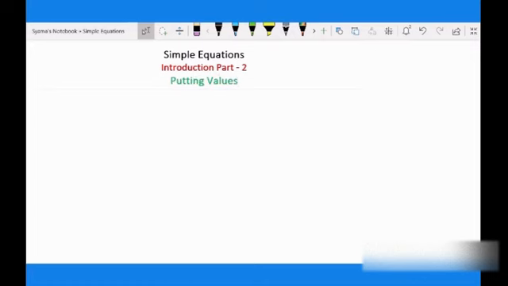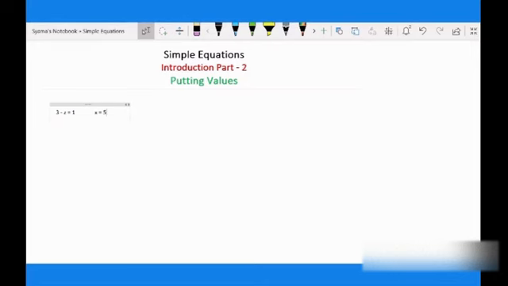Putting values is nothing but we need to find the value of the variable in an equation. Now let's take an example. Suppose 3 minus z equals 1.